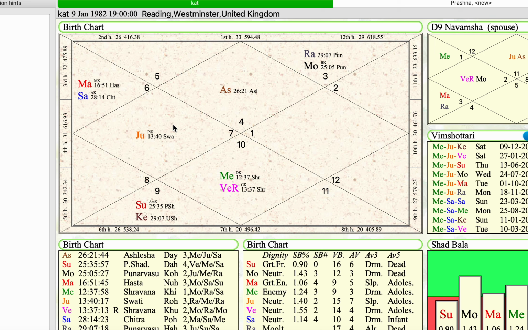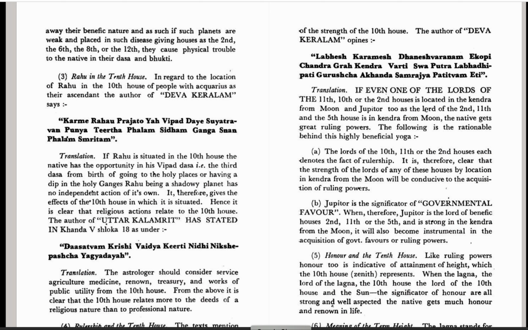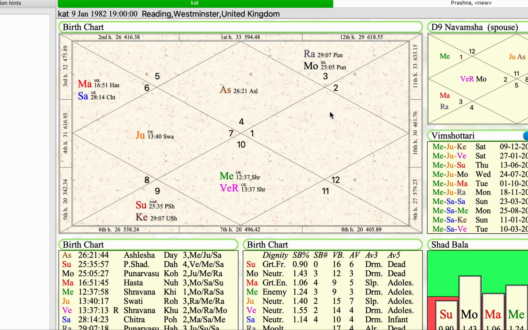Jupiter is the lord of second, 11th, and 5th. So it will be either for Scorpio people or Aquarius people.